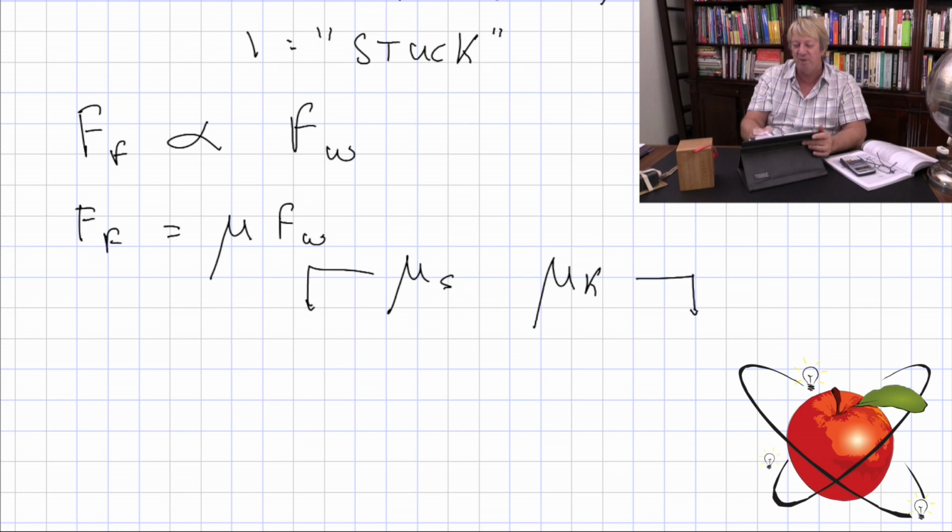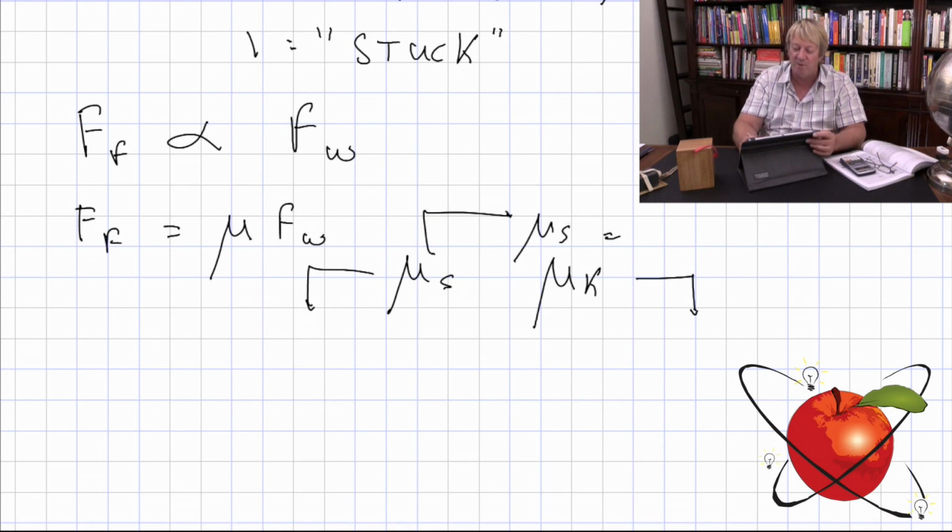That is the difference between these two. Mu s is actually more than mu k. So if mu s was, let us say, 0.4, mu k might be equal to 0.35. It means that when it's moving, the frictional force drops. It is less of a force to keep it moving.